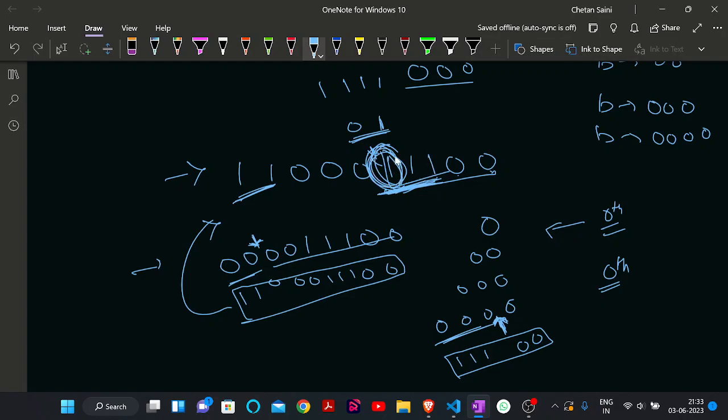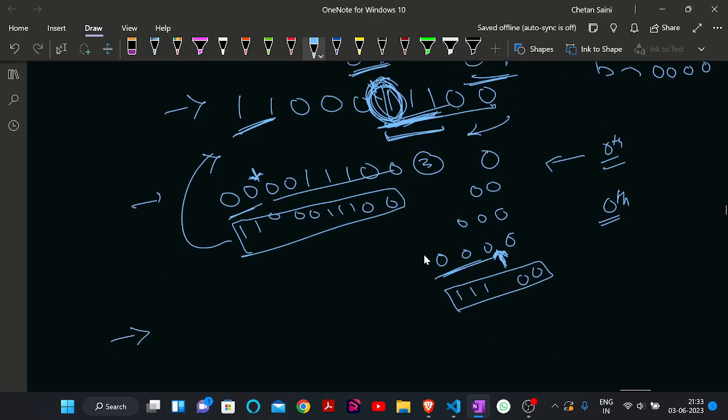So if you are starting from the right side and you get some condition like this one, then just count how many ones are here. Like you can see that three ones are here. So what we were doing is 0, 1, 2 and 3, we were inserting our 0 at the third position.